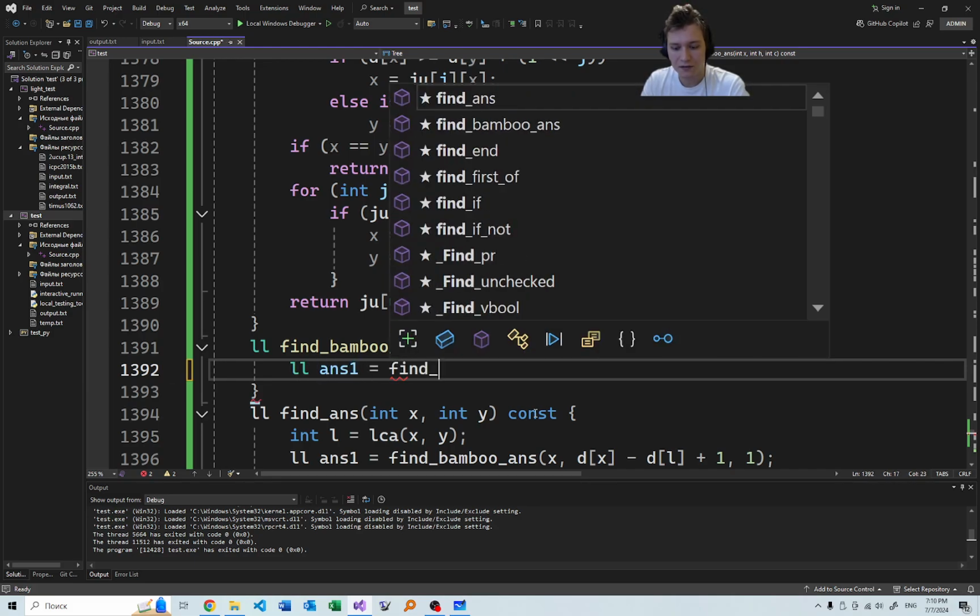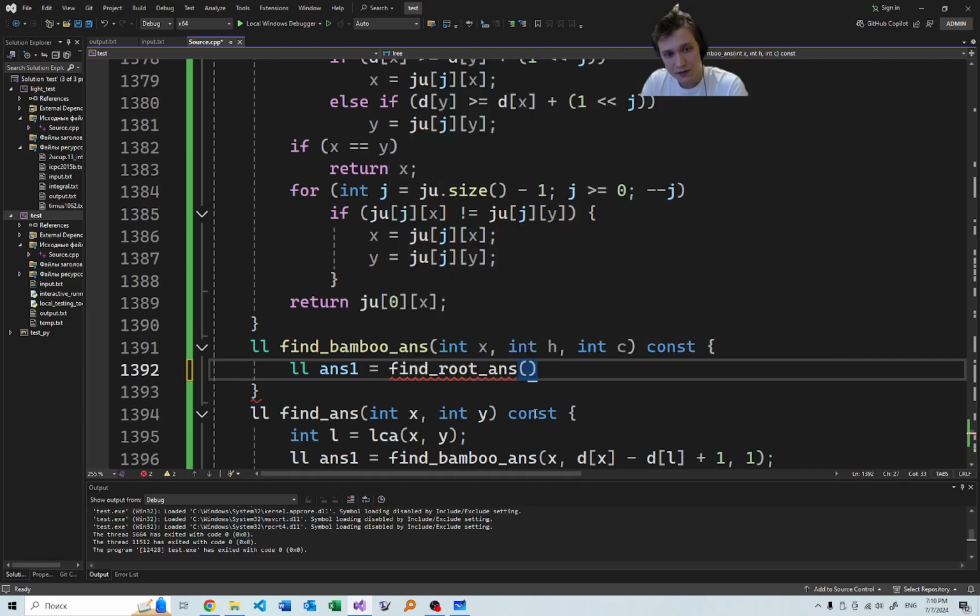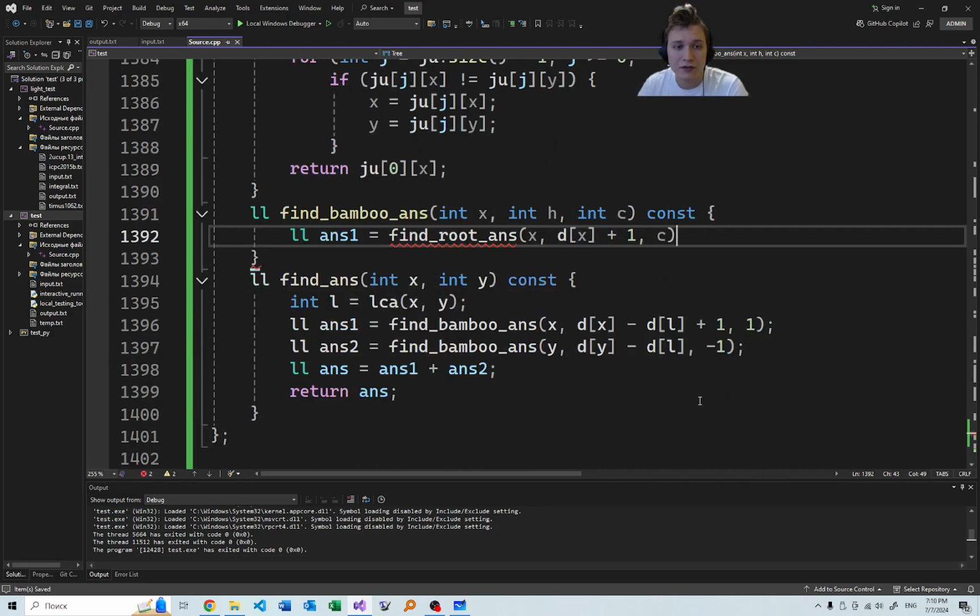It's a find root ans of x, dx plus 1 and c. Also, I want the initial number.